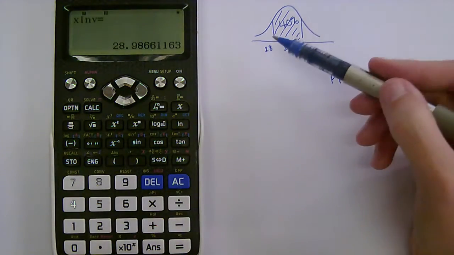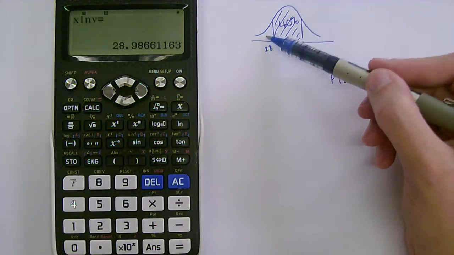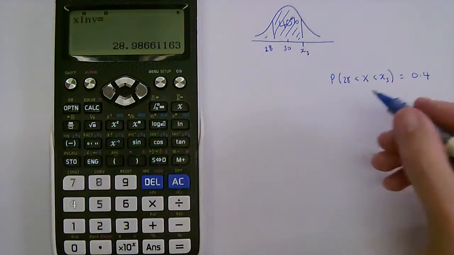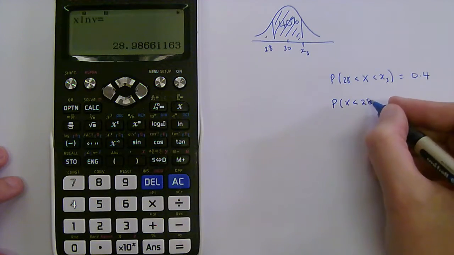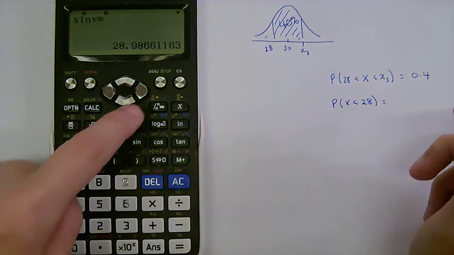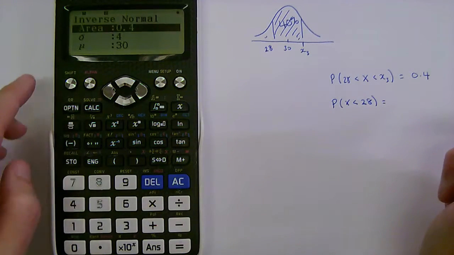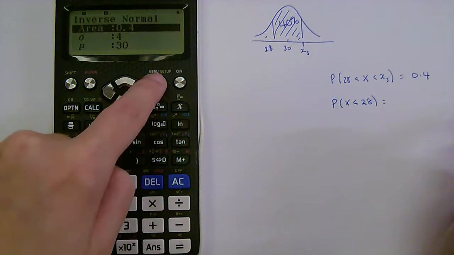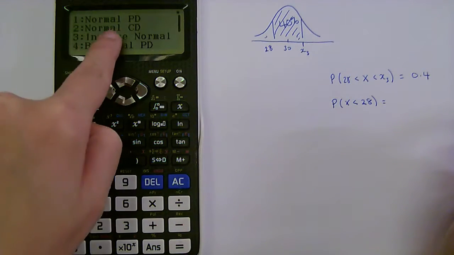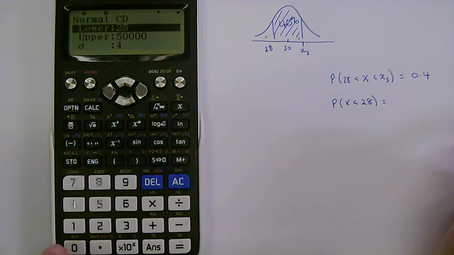Well, the first thing we're going to need to do is work out this area on this side. We need to know the probability that x is less than 28. So we'll go into the inverse normal again. Actually, no, we won't. We're going to go into option 2 because we're putting in a lower bound of 0 and an upper bound of 28.